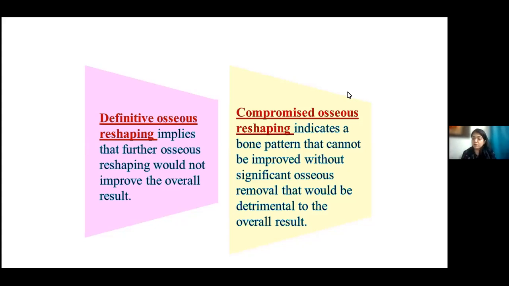We can go further, but that would not improve the result. Okay, so that is compromised osseous reshaping. From our side, we can do more, but that will only further damage the tooth and bone, and not give any progress to our result.